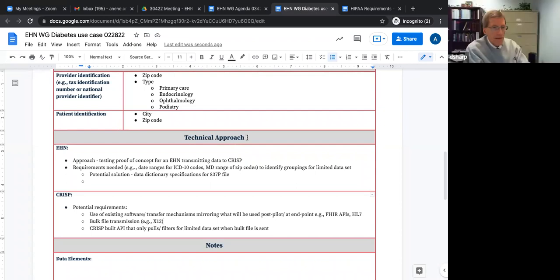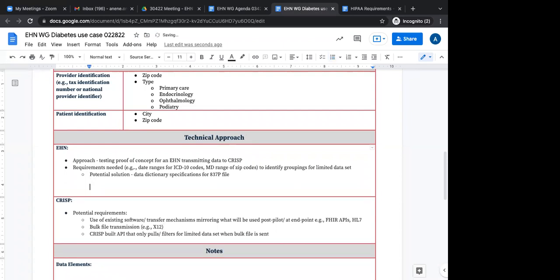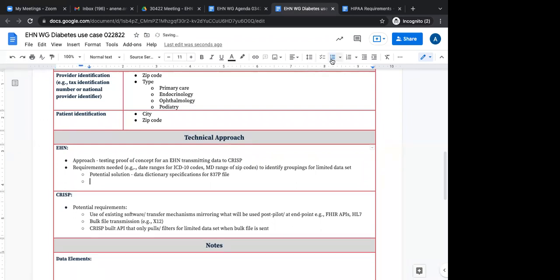Yeah, so let's say we wanted to use fictitious data and be able to transmit that from Change Healthcare for the moment to CRISP. How would we proceed down that pathway? What would you need? I think, to Kathy's point, it's the requirements, the specifications in terms of who, what, when, where of the file and how it needs to be parsed out.